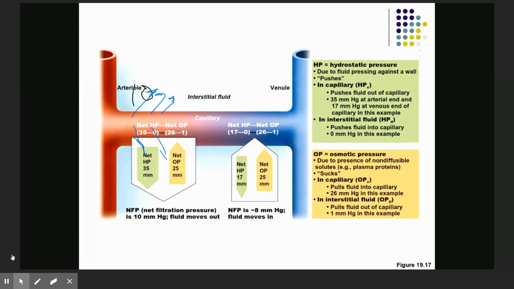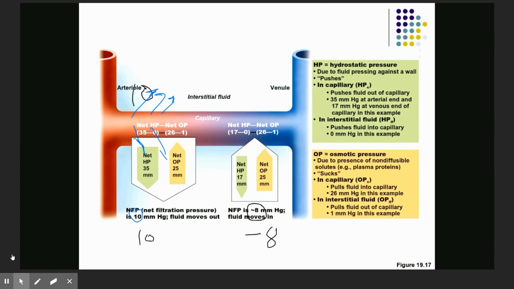But look over here, we're going to calculate it again. And if we look on the other end, when we calculate it, we don't get 10. Look what we get. We get -8. Not 10, -8. It's negative, it's less than 0. So what does that mean?